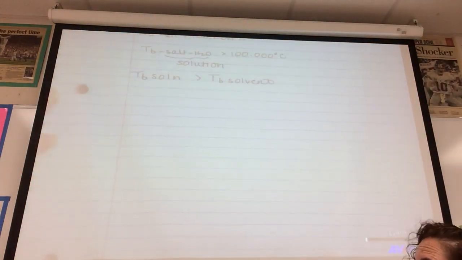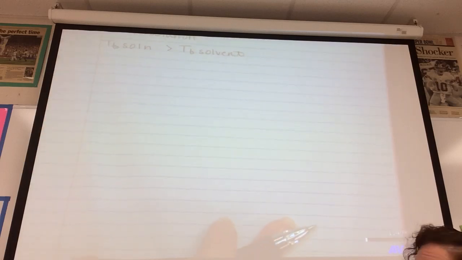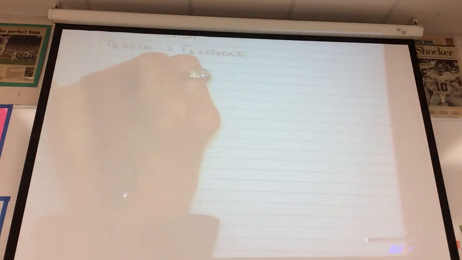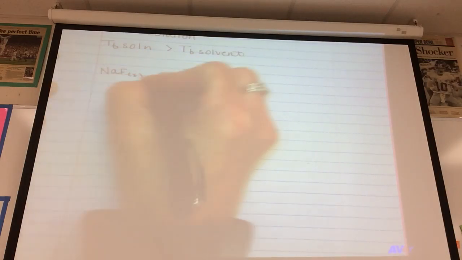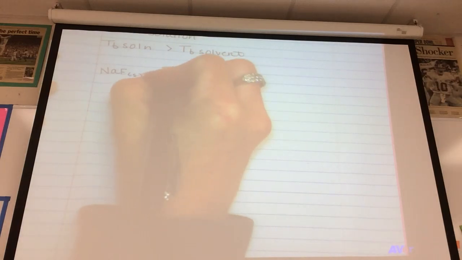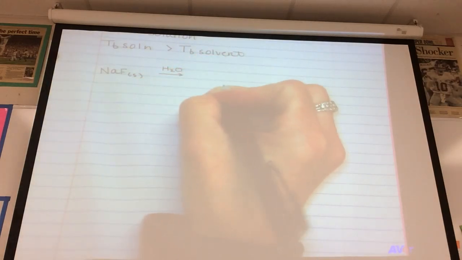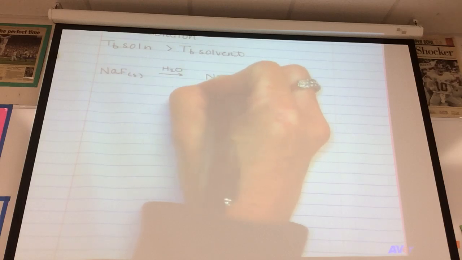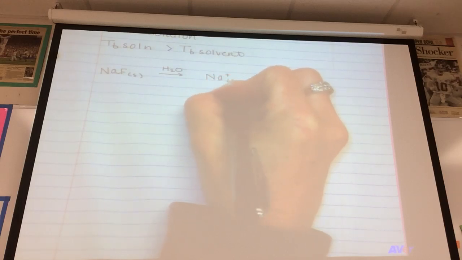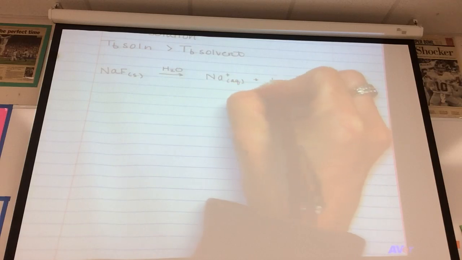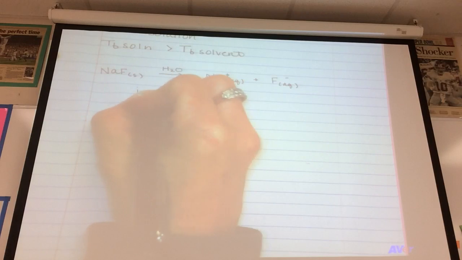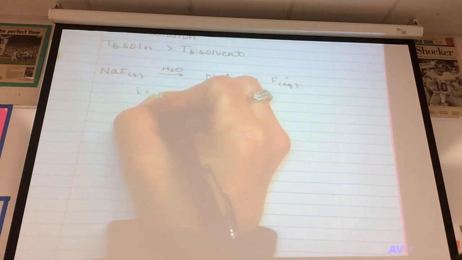I'll walk through a few examples, and you'll see more in the examples that we do to calculate boiling point of the solution. Let's say, for example, that you have sodium fluoride, a solid, and you are going to dissolve it in water. Sodium fluoride generates sodium ion, aqueous, and fluoride ion. i is equal to the number of particles in solution, and it's easy to determine.